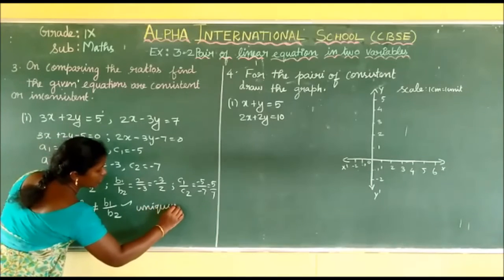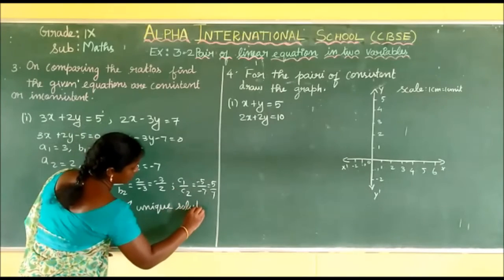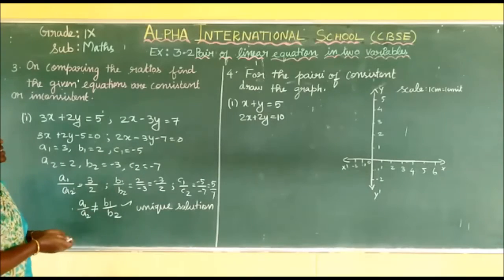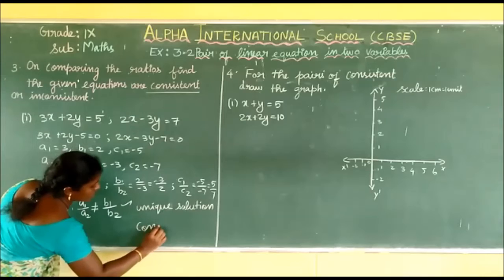We have a unique solution. So does this come under consistent or inconsistent? Yes, it comes under a consistent graph. So it is consistent.